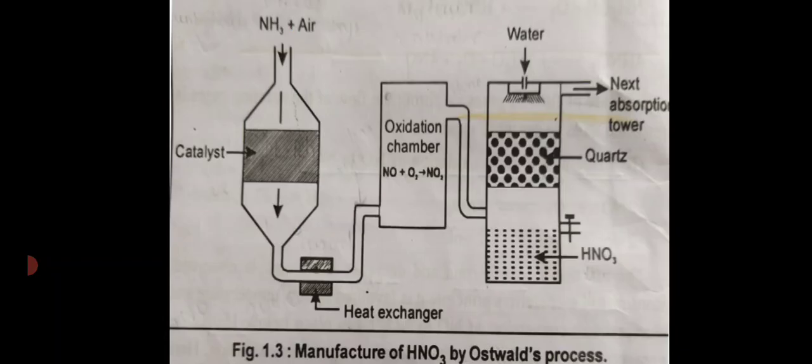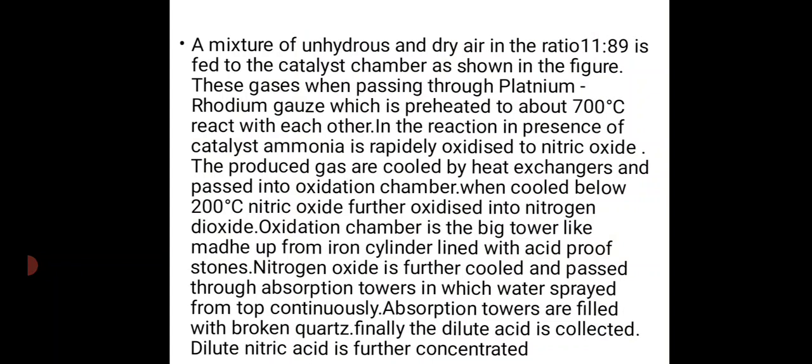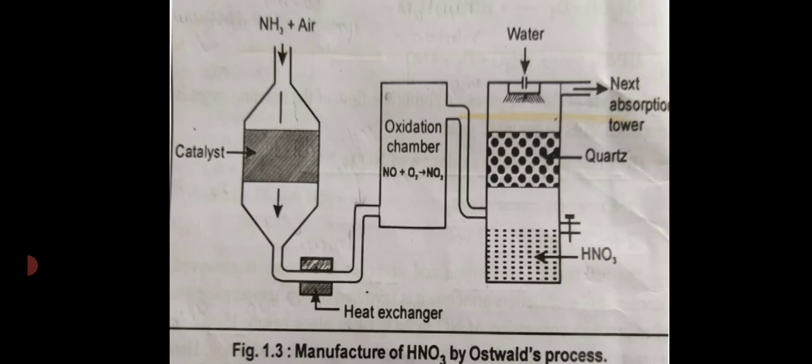In the manufacturing plant process, a mixture of ammonia and dry air in the ratio 11:89 is fed to the catalyst chamber as shown in the figure. In the figure, the mixture of NH3 plus air is fed into that chamber.